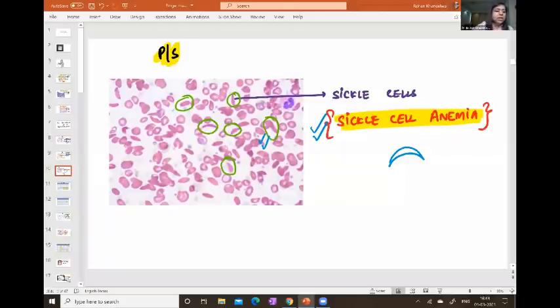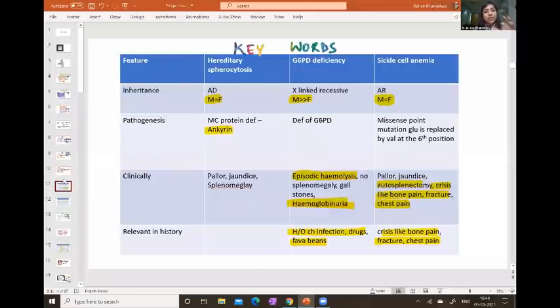Now, let me tell you a few keywords for the MCQ exams, on how to solve a clinico-pathological question if my patient has hereditary spherocytosis or G6PD deficiency or sickle cell anemia. Remember one thing: if my patient has G6PD deficiency, the history is going to be that of a male more commonly as compared to females, because it is an X-linked recessive disorder.